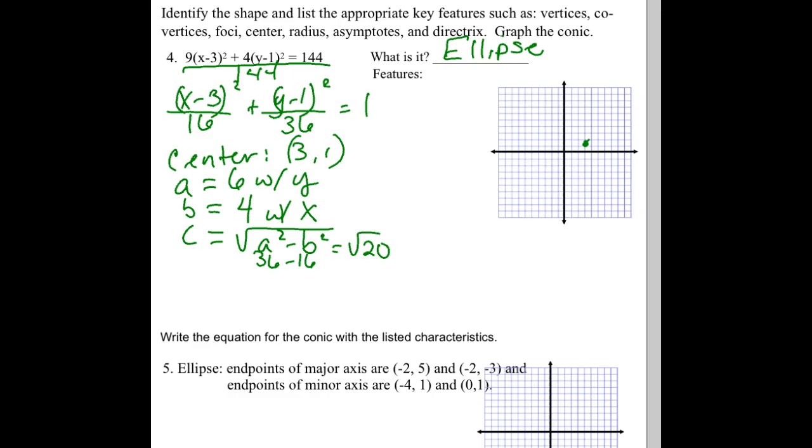We good with that? Okay. Let's plot what we know. We are going 6 spaces in the y direction to get a vertex. We need to go 4 spaces in the x direction.